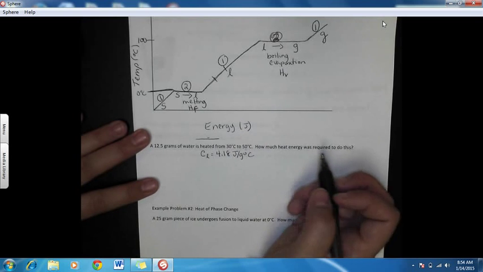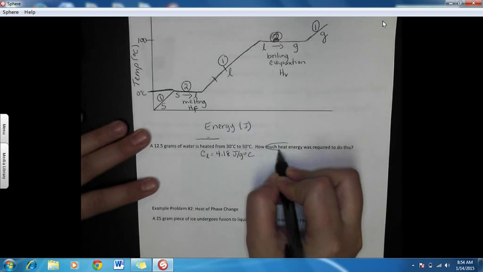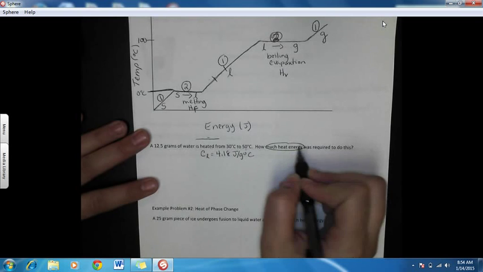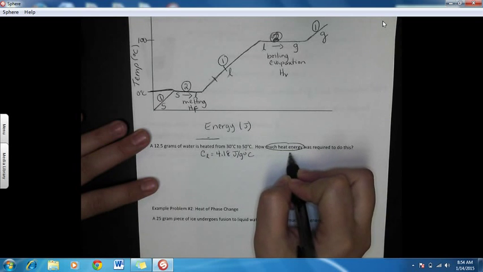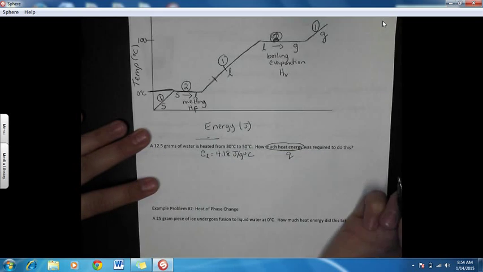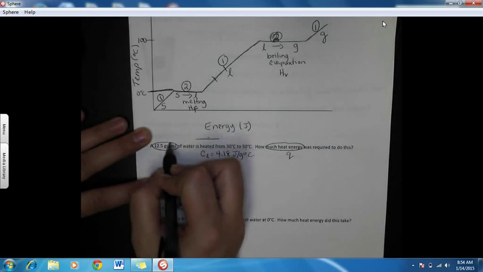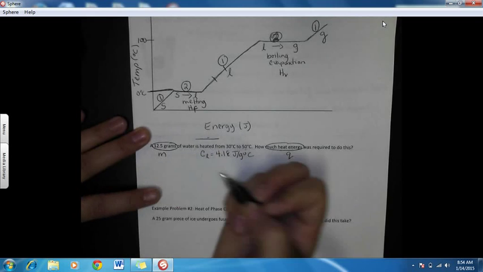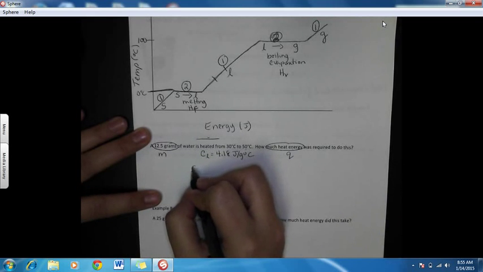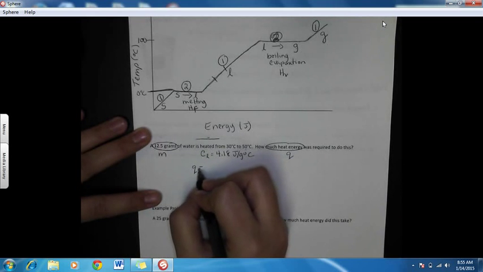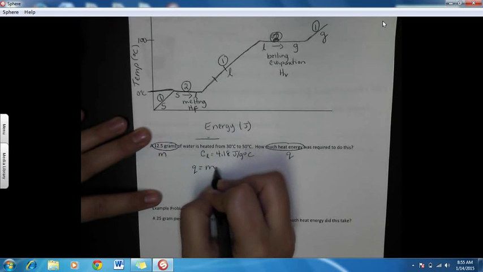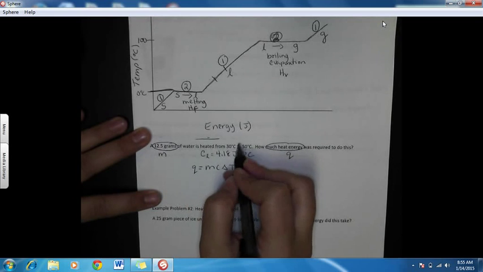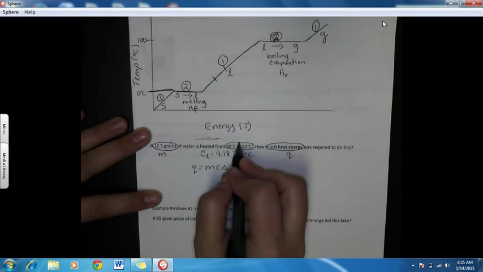Alright, and so we want to know how much heat energy, and remember we talked about the amount of heat is the variable Q. Right? And we also know the grams, and so grams goes along with our variable M for mass. And so we can determine Q equals MC delta T, a change in temperature, measured in degrees Celsius.